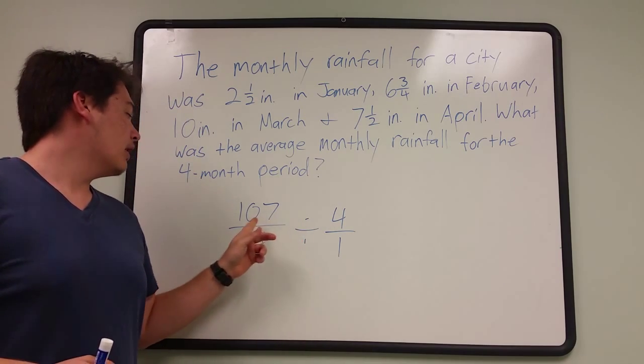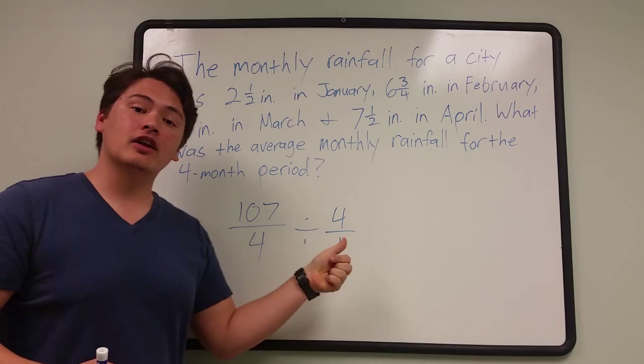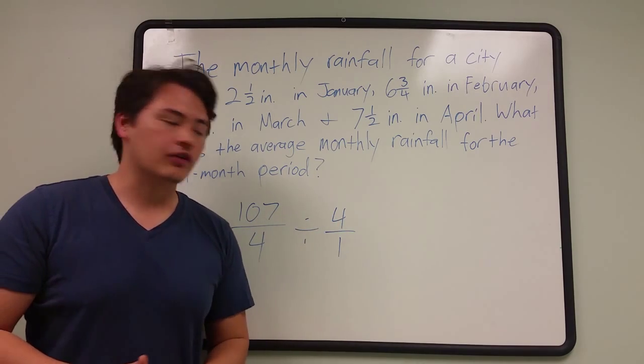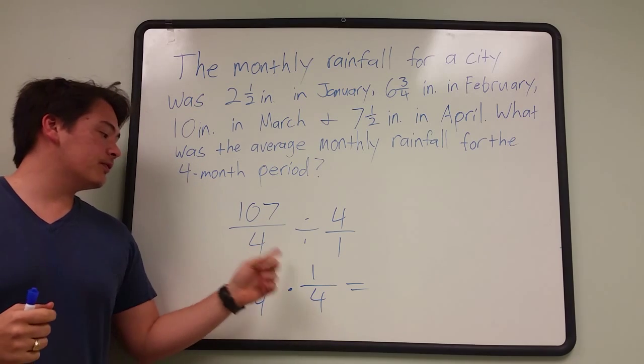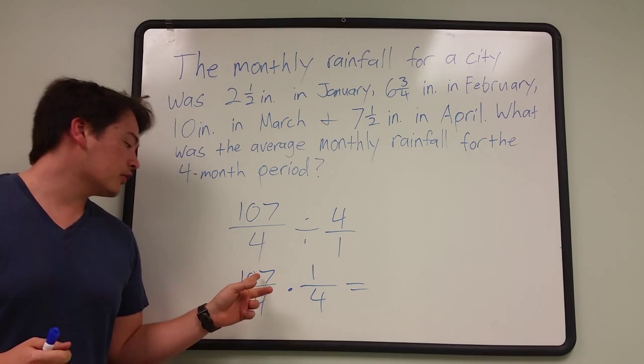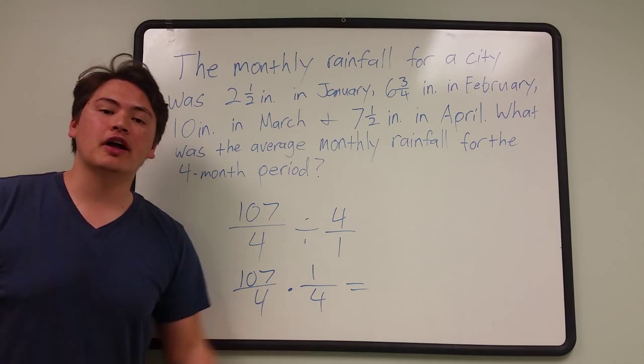So from here, when we're dividing fractions, we're going to flip the second number to be 1 over 4 and multiply these fractions together. So it's going to be 107 over 4 times 1 over 4, and we're going to multiply across.